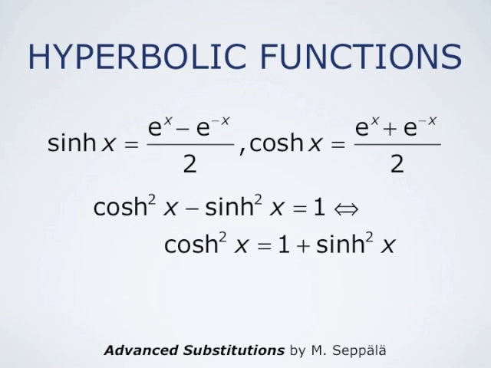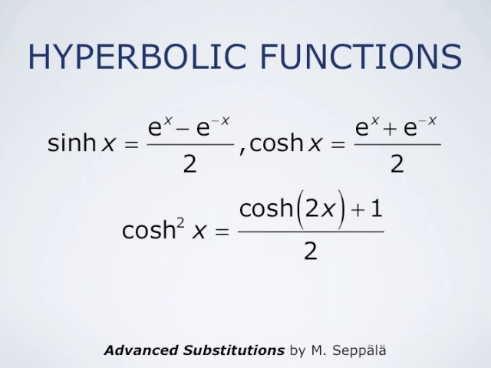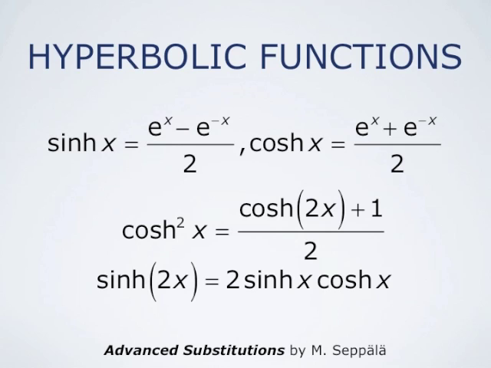Furthermore, by computing with these definitions, we easily observe that hyperbolic cosine squared of x minus hyperbolic sine squared of x is 1. This means that hyperbolic cosine squared of x is 1 plus hyperbolic sine squared of x. Furthermore, we have that hyperbolic cosine squared of x is hyperbolic cosine at 2x plus 1 divided by 2, and that hyperbolic sine at 2x is 2 times hyperbolic sine at x times hyperbolic cosine at x.